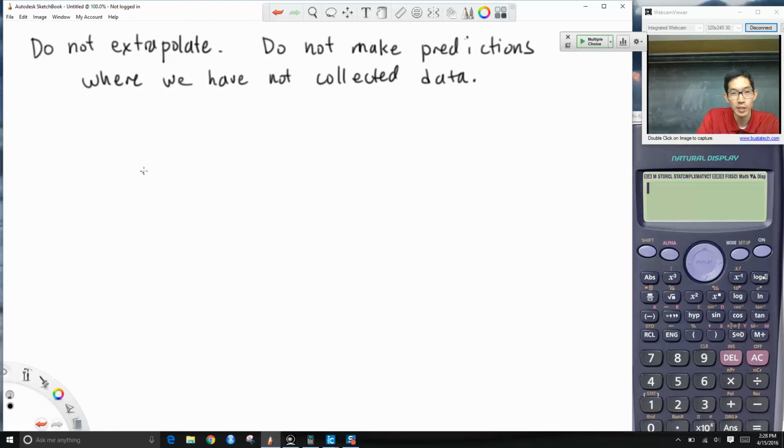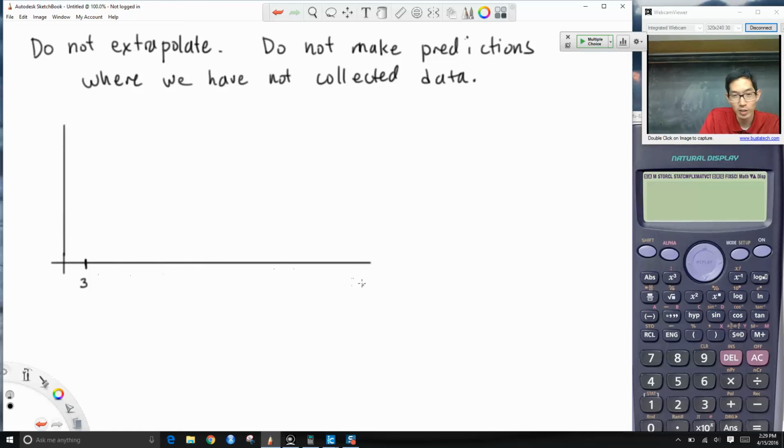Okay, and so in this case, I'll just do a silly example of something you don't want to do. All right, so let's say you have a kid, okay? And you decide to start measuring his height maybe at age 3.